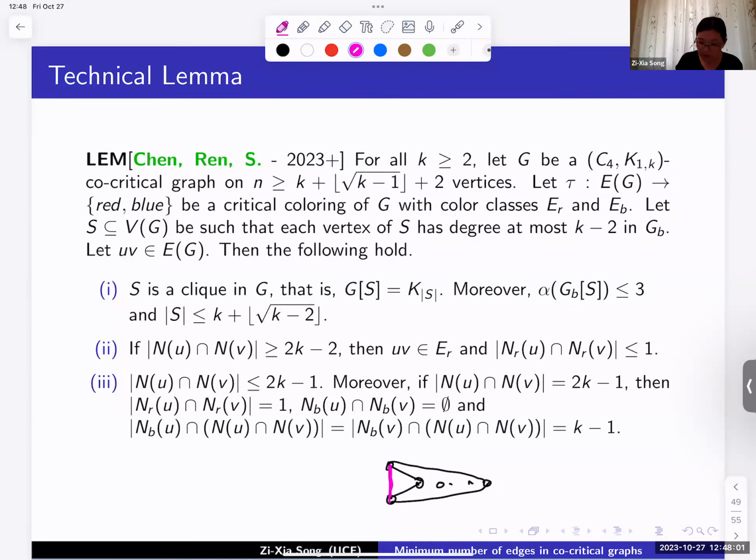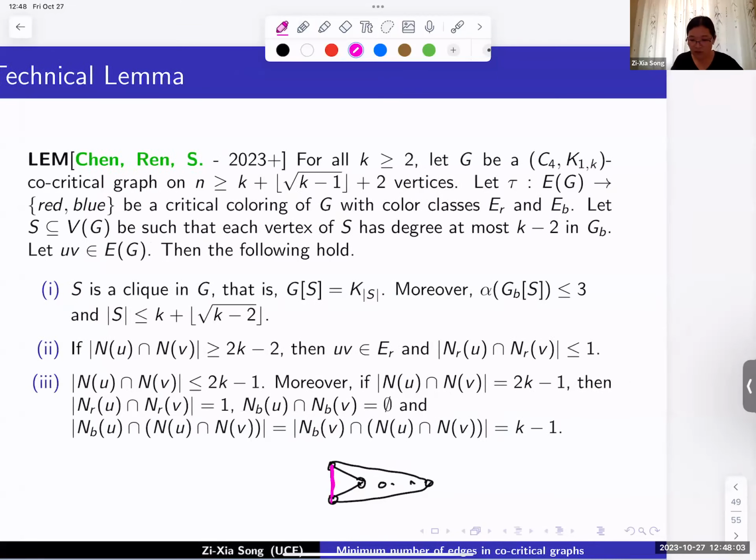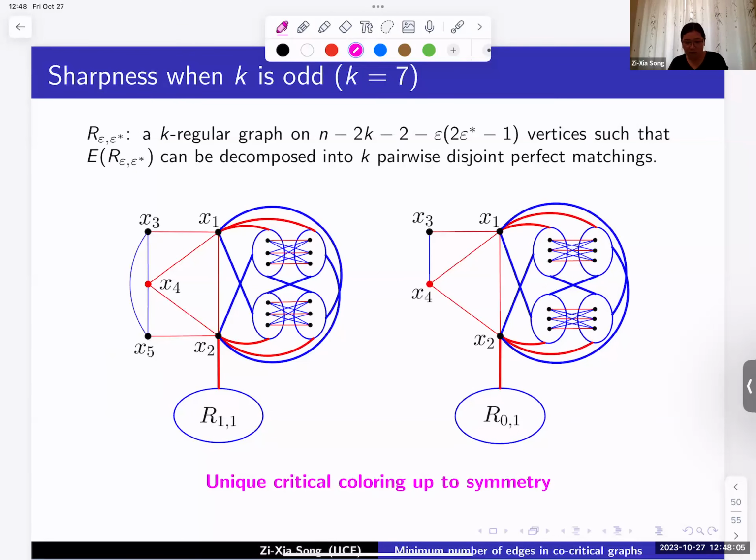Let me not go into details, just show you the construction we had here. When k is odd, I only show you the case when k equals 7. Here you get a unique critical coloring. This is for n odd, n even. The red graph you see here is exactly the one from Ullman's construction.